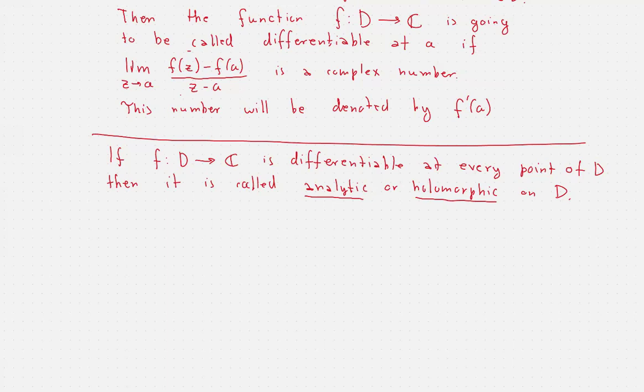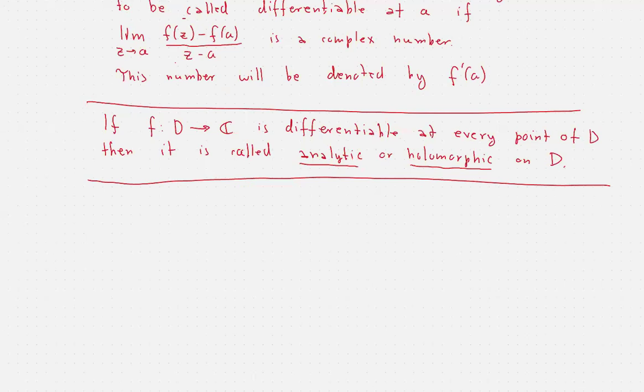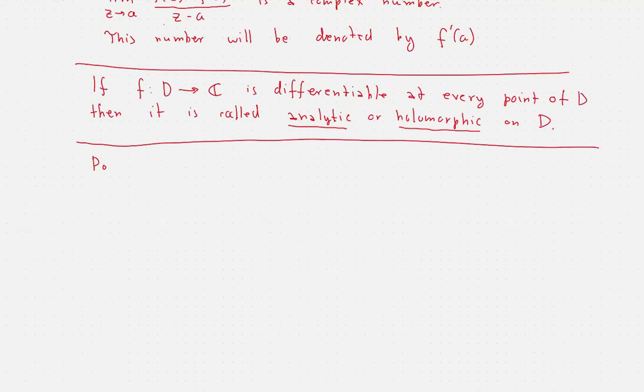To give some examples, polynomials are analytic functions on C. In particular, the same differentiation rules that we have seen for real numbers apply to complex polynomials.